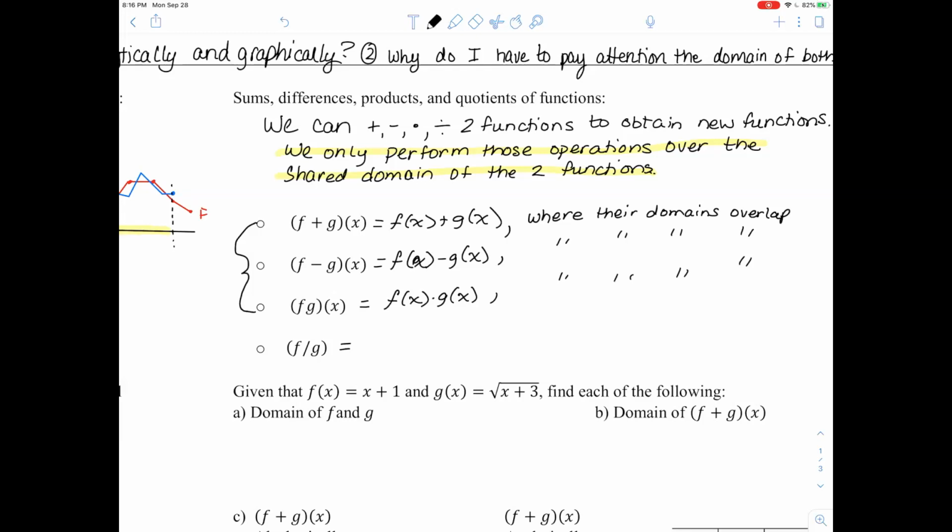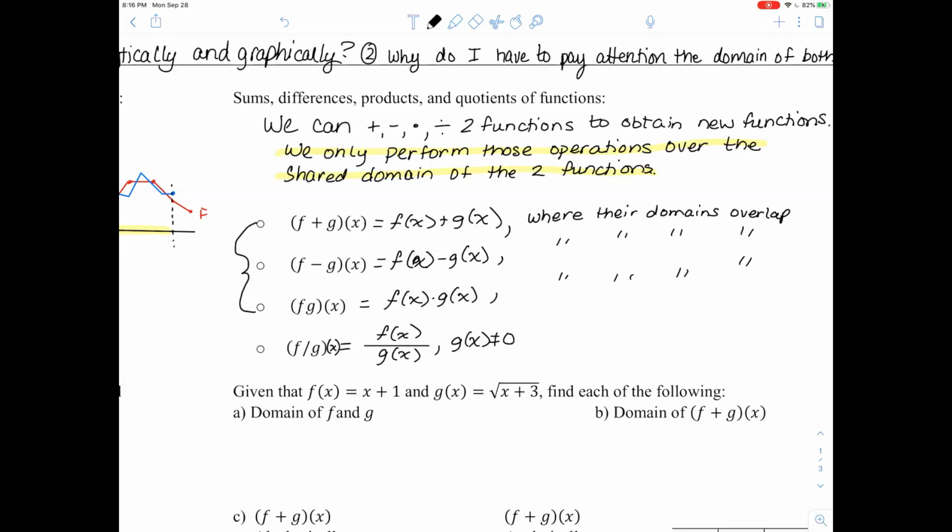So f divided by g of x, by the way, that should have an x on it there, I'll fix that, looks like this. This is f of x over g of x. But remember that g of x cannot equal 0 because that is in the denominator.